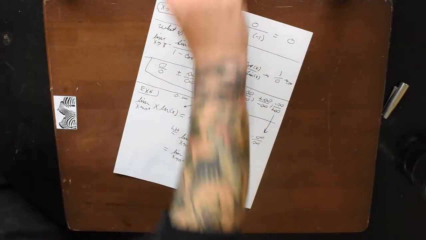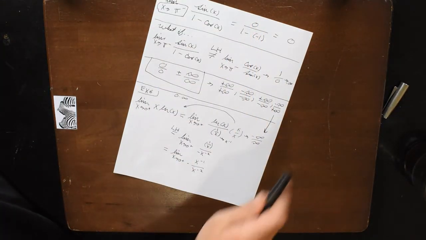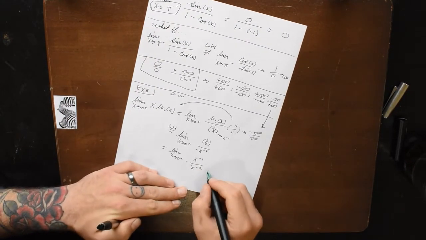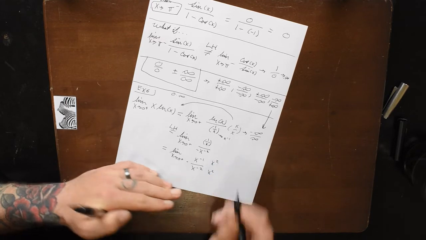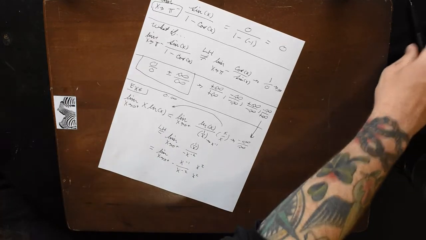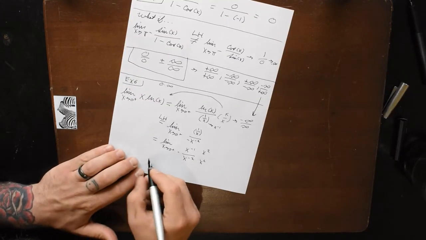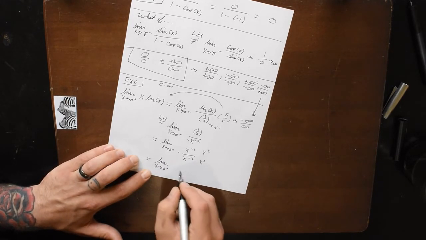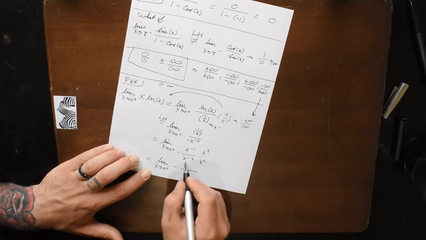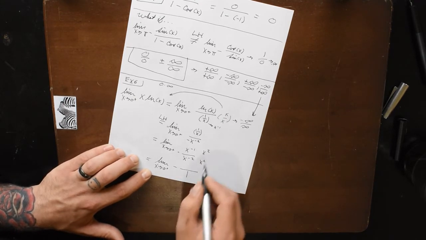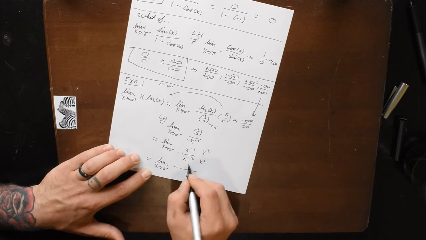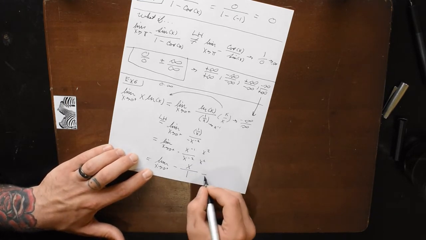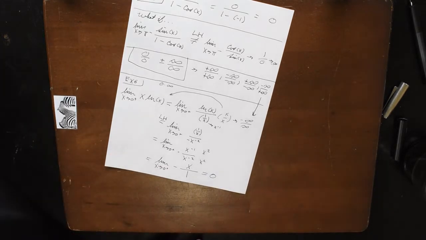I can go through and I can multiply this equation top and bottom by an x squared, to give us the limit as x goes off to 0 from the right of a negative x squared times a negative x squared gives us a 1, x squared times x to the negative 1 gives us an x. And as x goes to 0 of negative x, this whole thing equals 0.